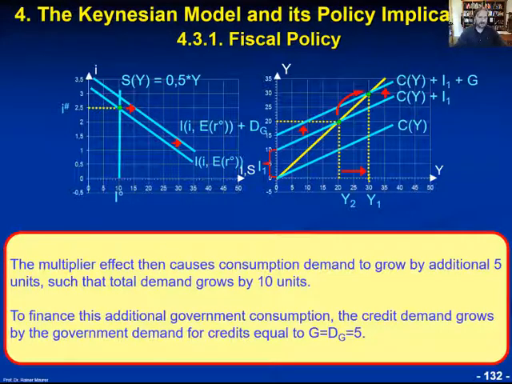Taken for itself, this increase in the credit demand would cause an increase of the interest rate, since the new intersection point with the savings supply curve lies now here on this level, which is higher than it was before. At this higher interest rate level, investment demand by firms would fall to this level.